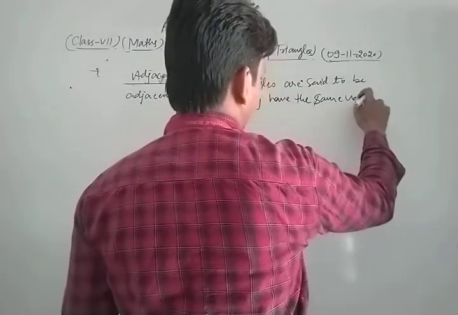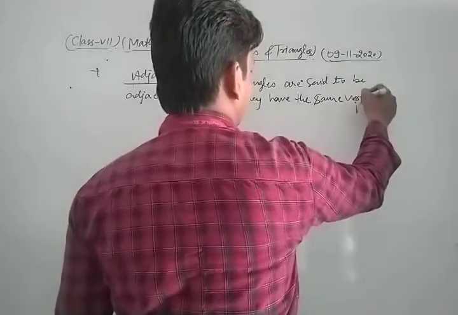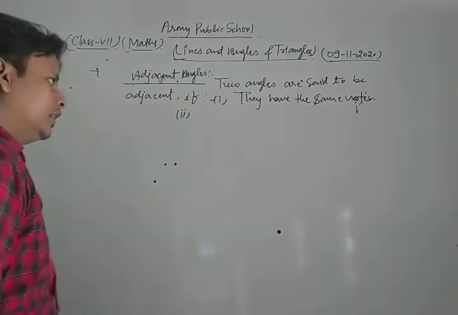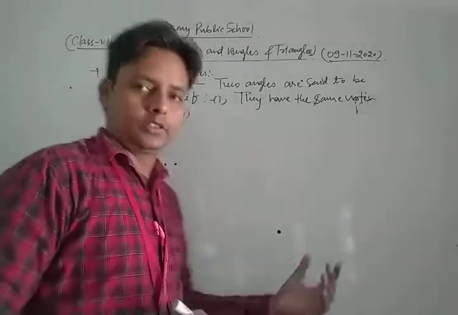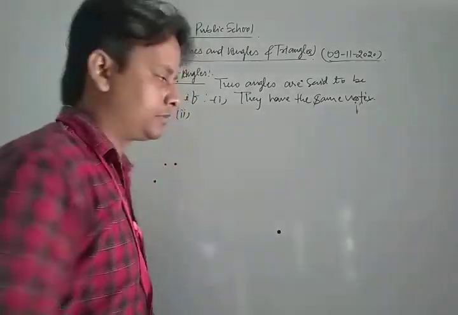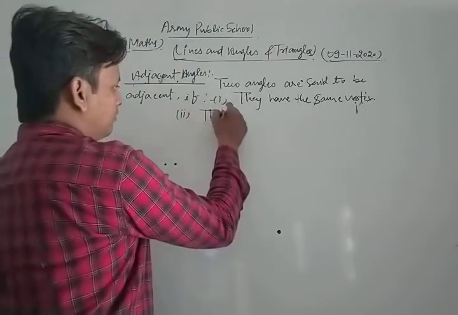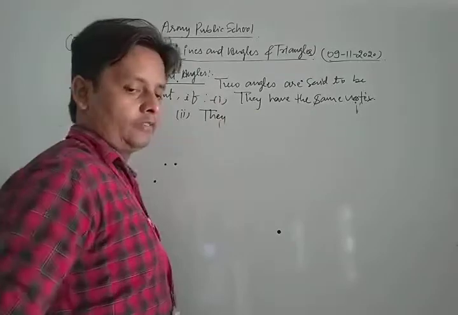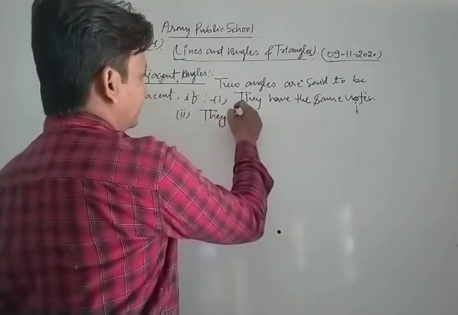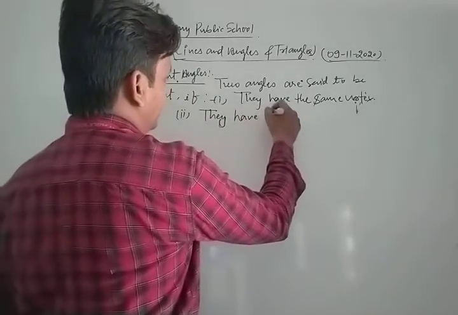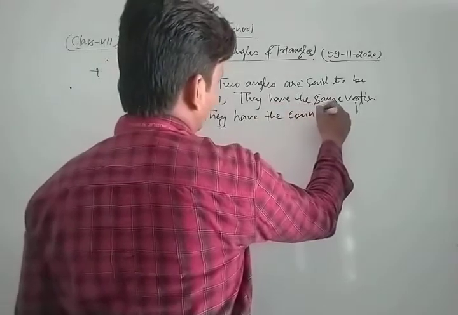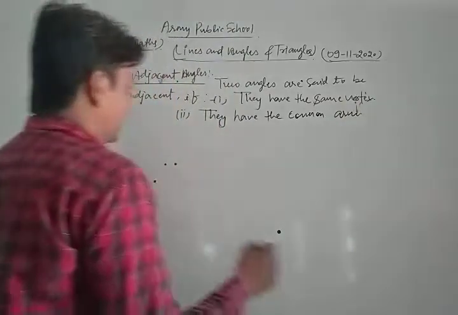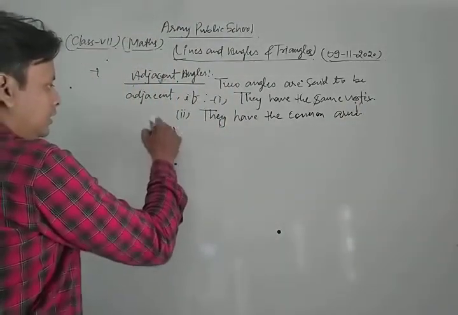Same vertex means they have the common vertex. Okay, and second one is, they have the common arm.